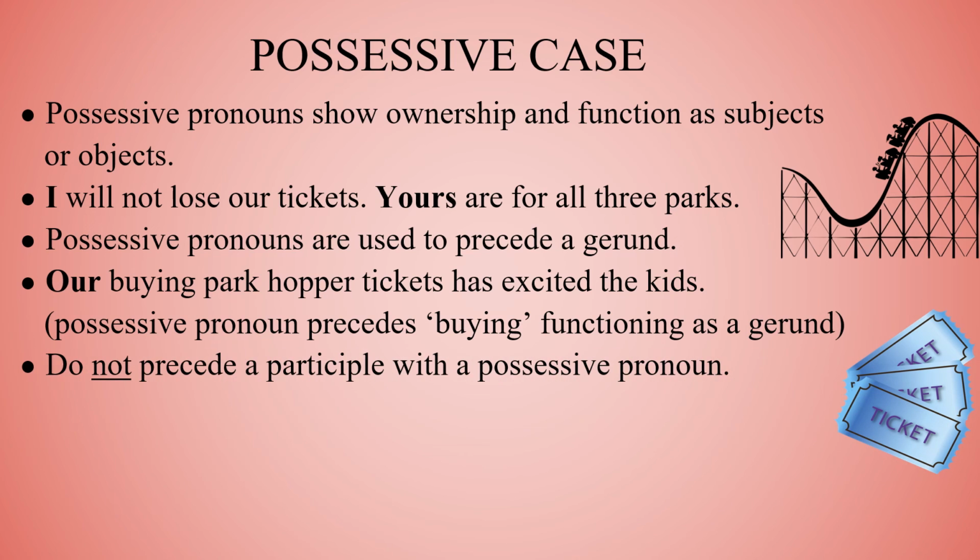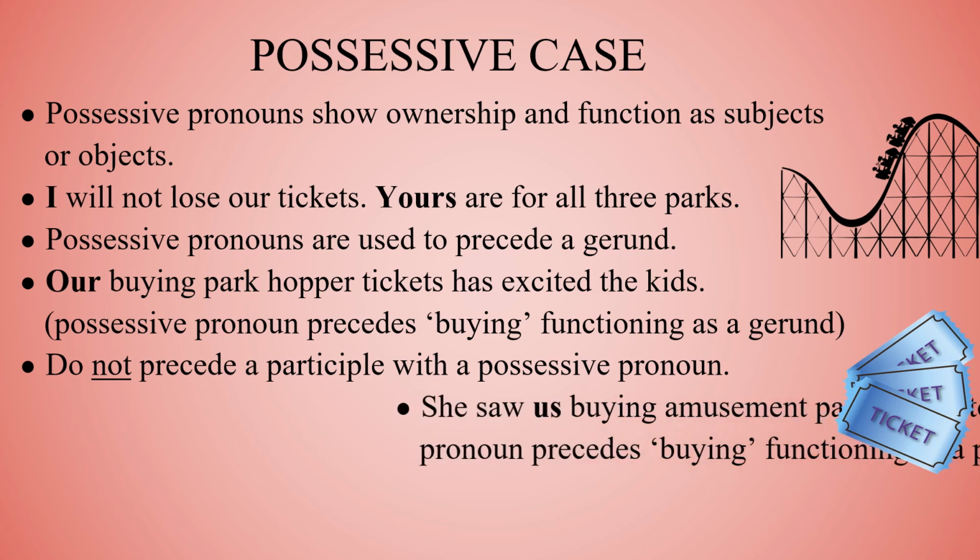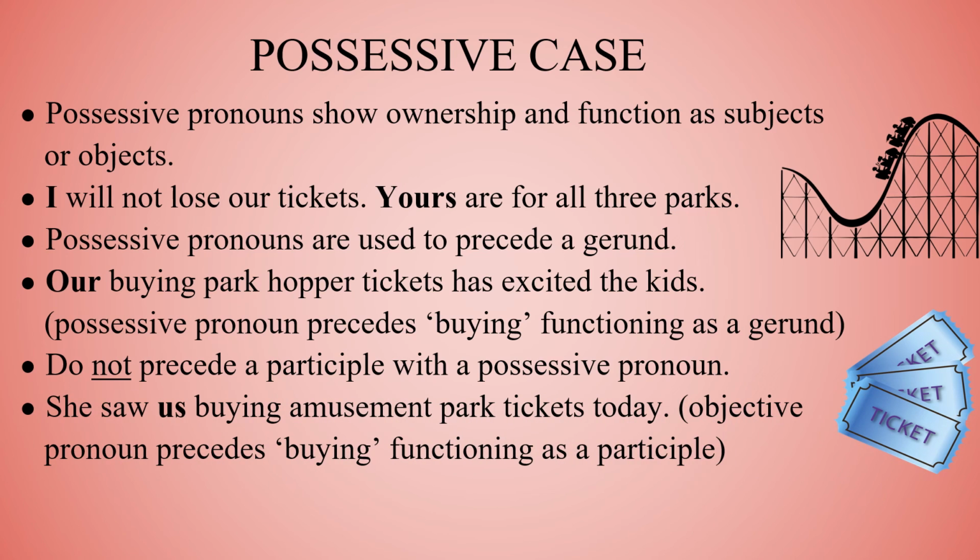Remember not to precede a participle with a possessive pronoun. For example, she saw us buying amusement park tickets today.